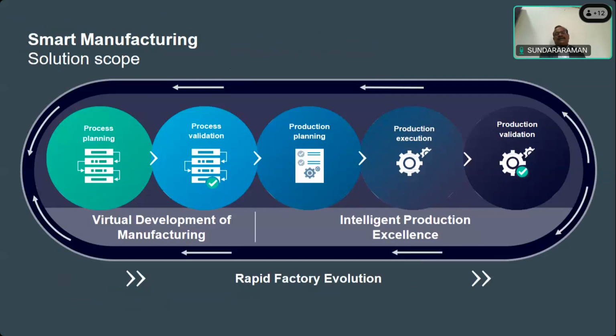When you go for rapid factory evolution, it can happen only when you integrate digital into each and every process; then you will get the desired output in a faster and more reliable way, so that you can adjust the settings at regular intervals.